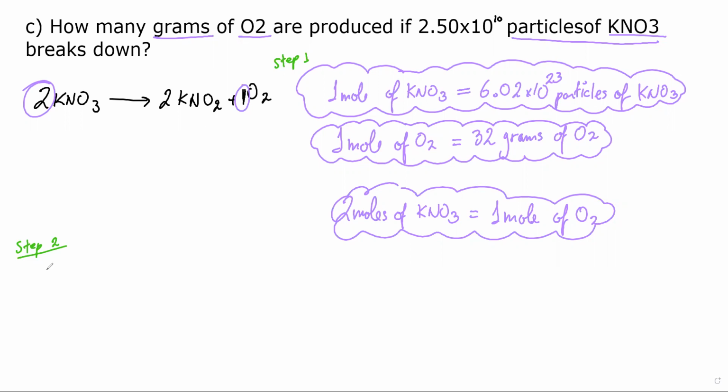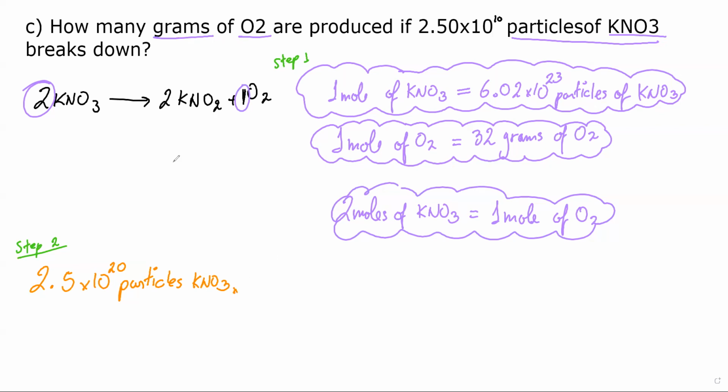You're given 2.5 times 10 to the 20 particles of KNO3. And you want to convert these to grams of O2, right? Because that's what they ask you. How many grams of O2? So that's what you want. So we need to convert particles of KNO3 to grams of O2.